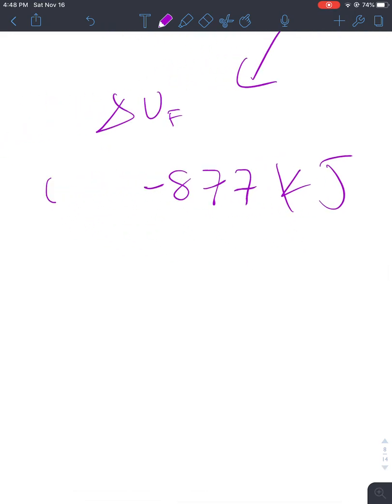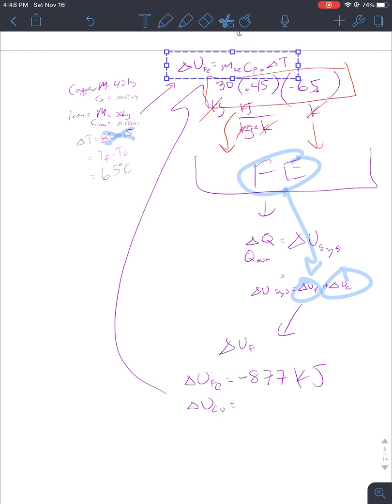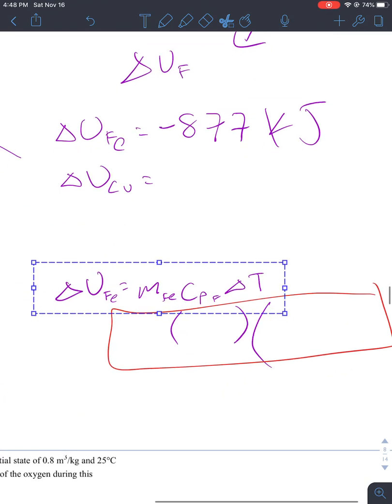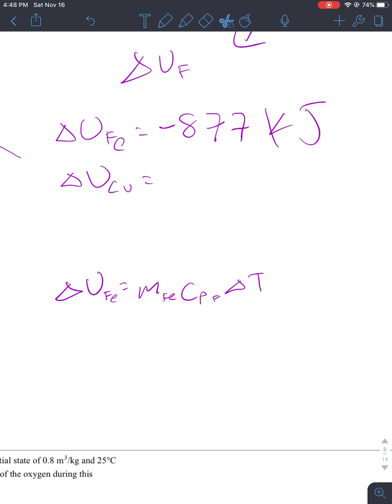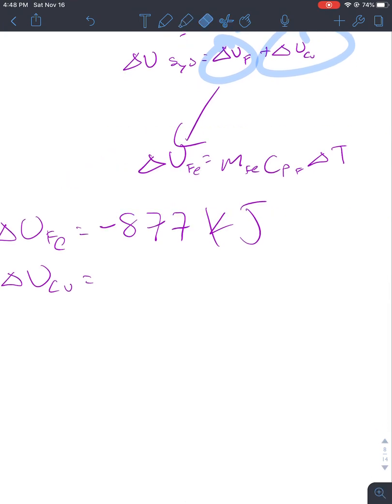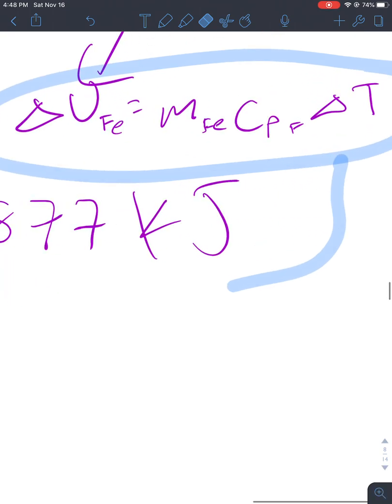And then the next one, U final, U copper, you do all this stuff again. Put all that stuff in for copper.